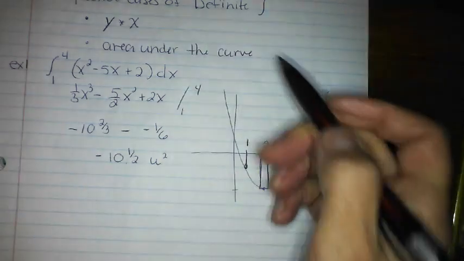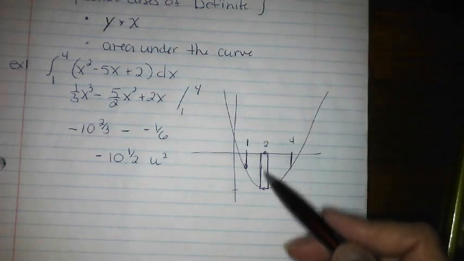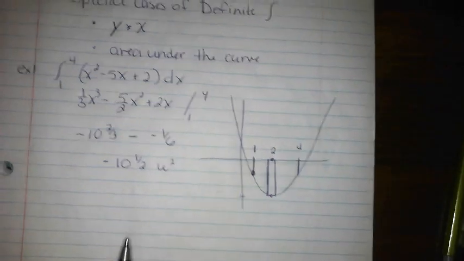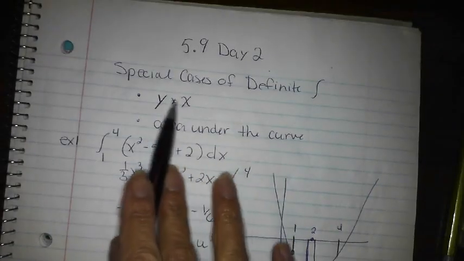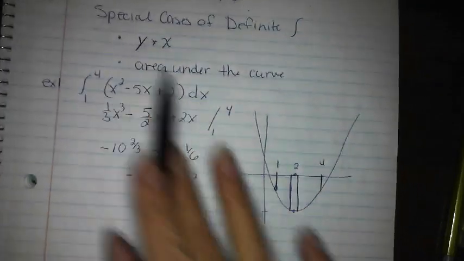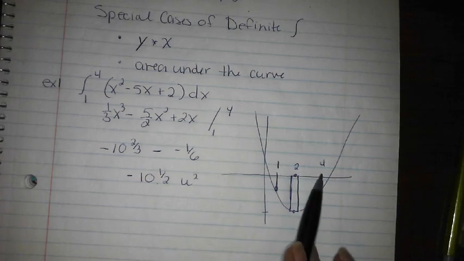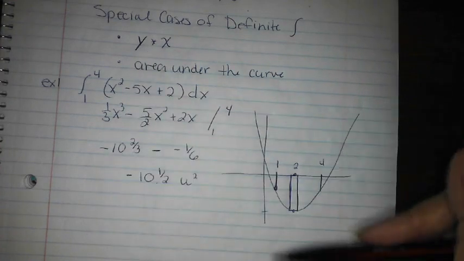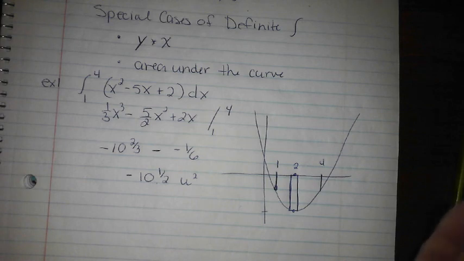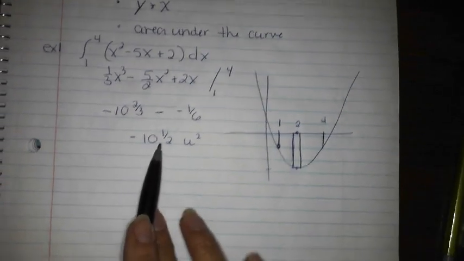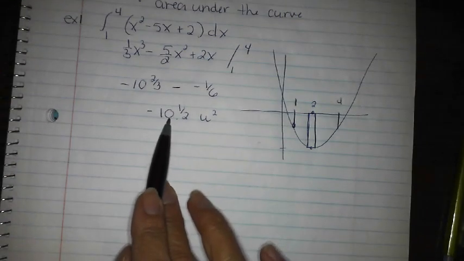So all of the heights are negative. When it's multiplying the x by the y, all of the x values are positive because they're between 1 and 4, but all of my y values are negative. So positive times a negative is what's making this integral come up with a negative value.